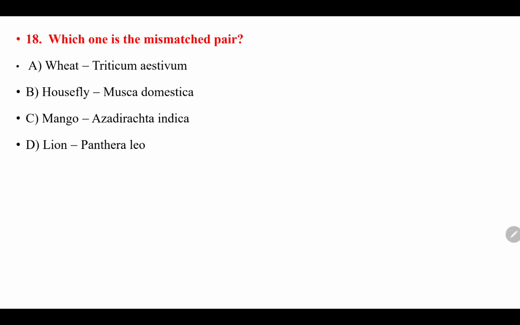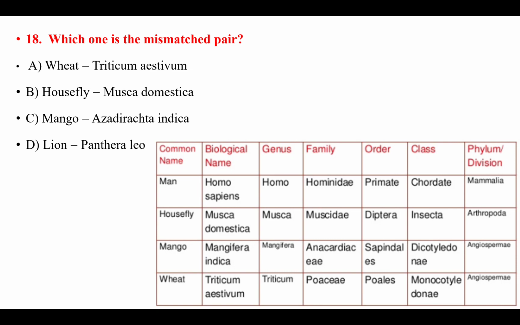Let's move towards the next question. Which one is a mismatched pair? See, these are some of the biological names. You should go through the biological names chart which is given in the NCERT.